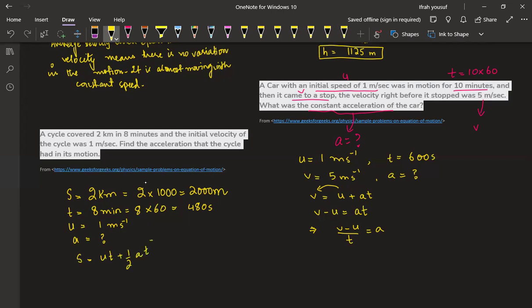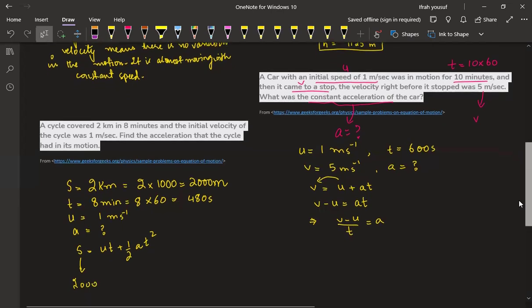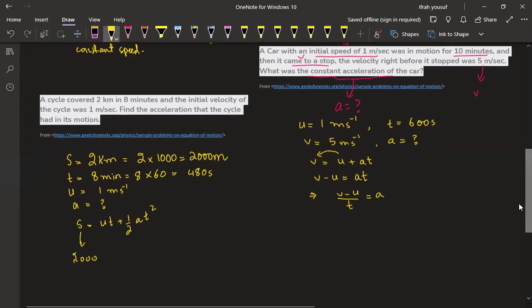Now I have found out, you convert 2 kilometers into meters, which is 2000.